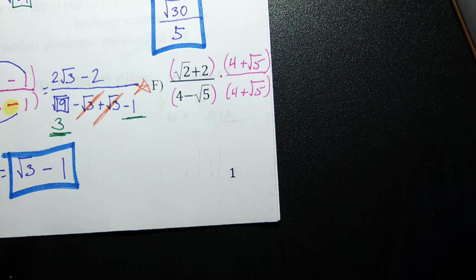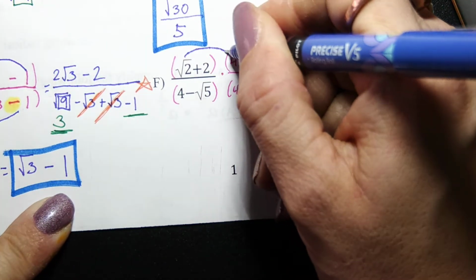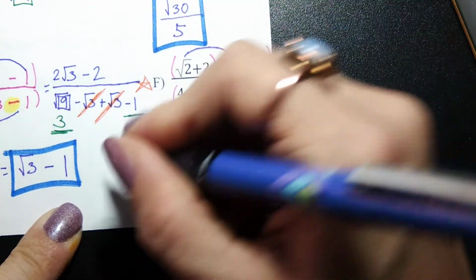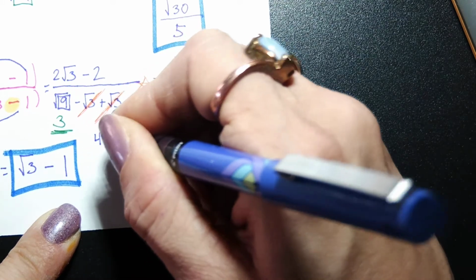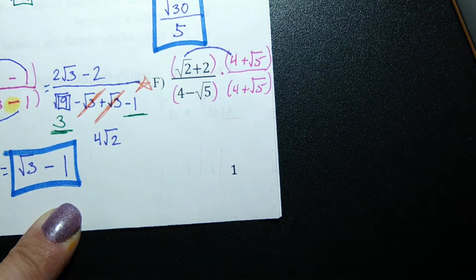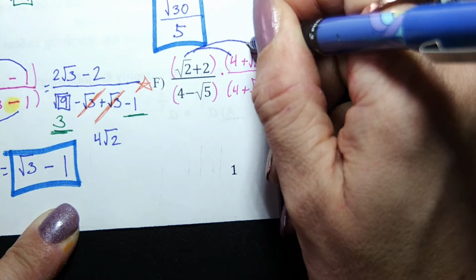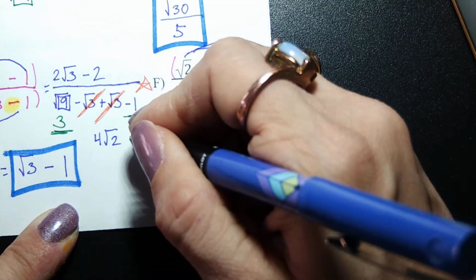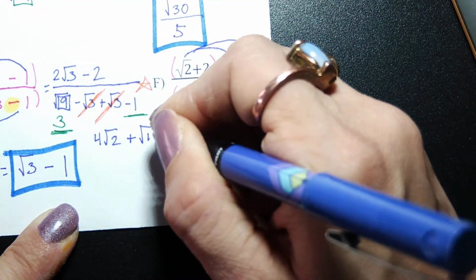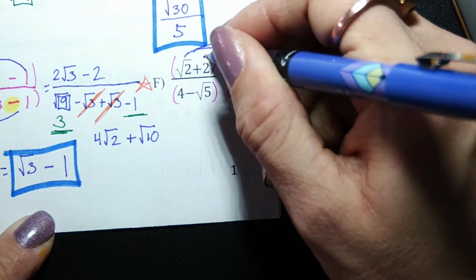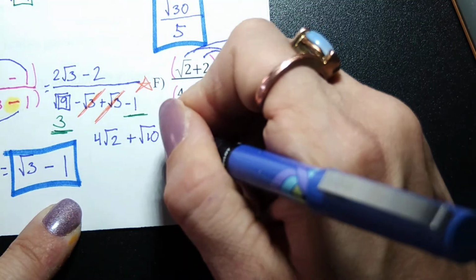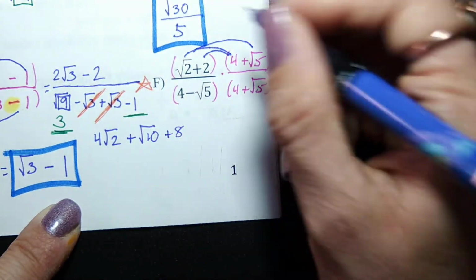Now, when you FOIL, you have to be very careful about what is a coefficient or an outside number and what is inside a radical. So, radical 2 times 4, 4 radical 2. What about radical 2 times radical 5? Radical 10. Inside products, 2 times 4 is 8.